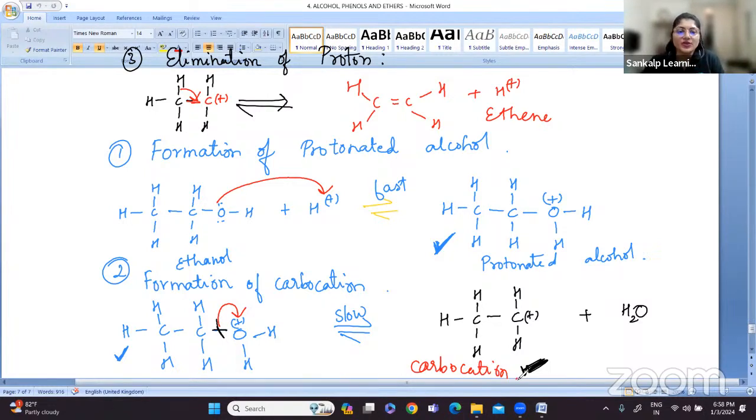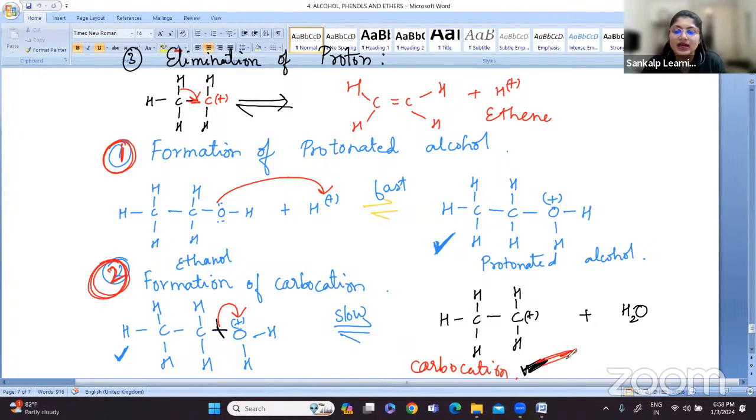First is the formation of protonated alcohol. The alcohol will react with the acid to form the protonated alcohol. Then in the second step, there is a formation of carbocation. The protonated alcohol will lose a water molecule to form an ethyl carbocation.